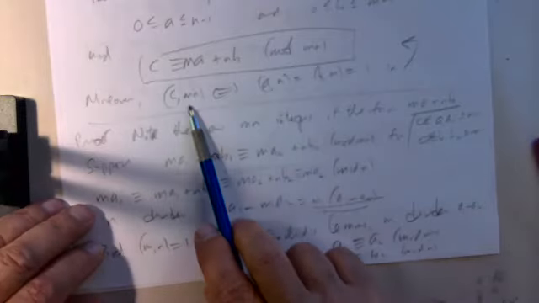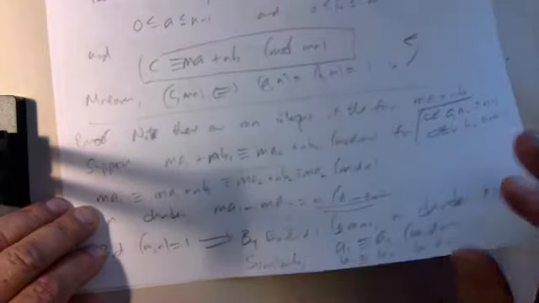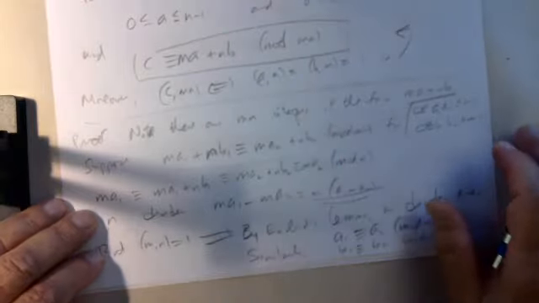What about the proof of this condition, that C is relatively prime to Mn if and only if A and B satisfy this?